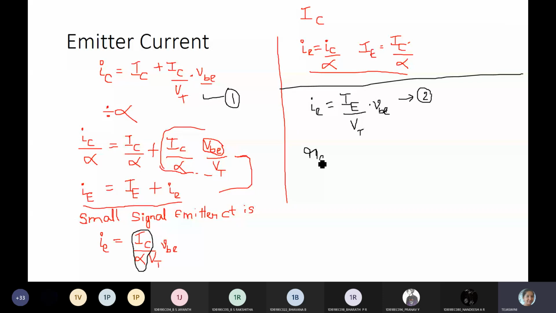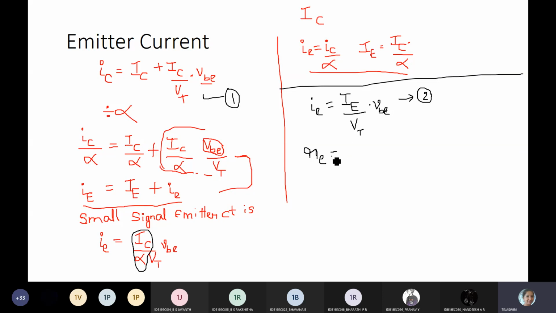Small r with pi. Yes, good. r pi is the base resistance, and RE is the emitter resistance.